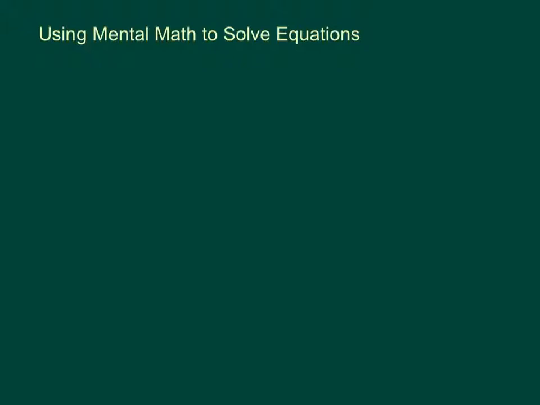So let's look at this equation: 9 plus x equals 12. To use mental math, we need to ask ourselves a question: what number plus 9 would equal 12? Then we need to find the answer to that question.